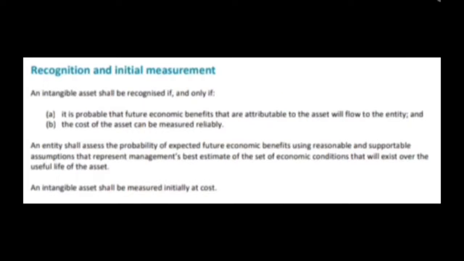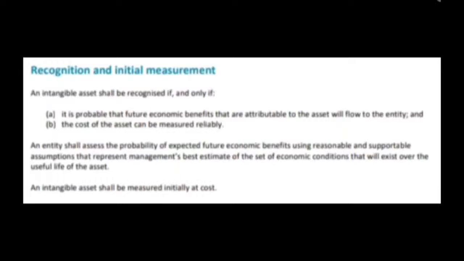Recognition and initial measurement. An intangible shall be recognized if and only if it is probable that future economic benefits that are attributable to the asset will flow to the entity, and the cost of the asset can be measured reliably. Now, what is meant by probable?